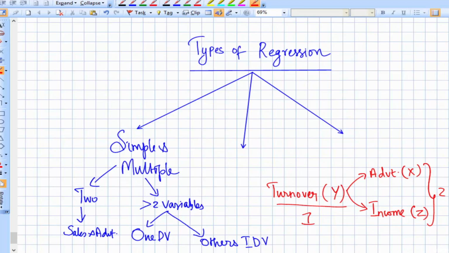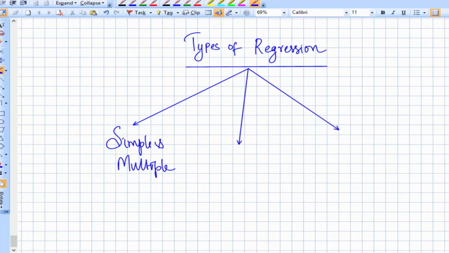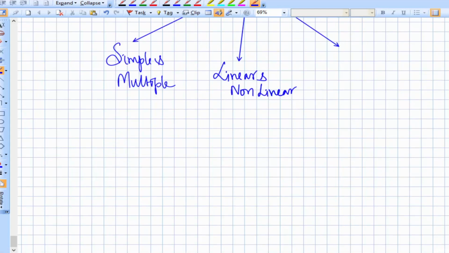Now let's move on to the next one. The next type of regression are linear and non-linear. We have linear regression and non-linear regression. So how to understand this? Let me just take them to the top. See, if you say linear, now we'll just focus on linear regression.